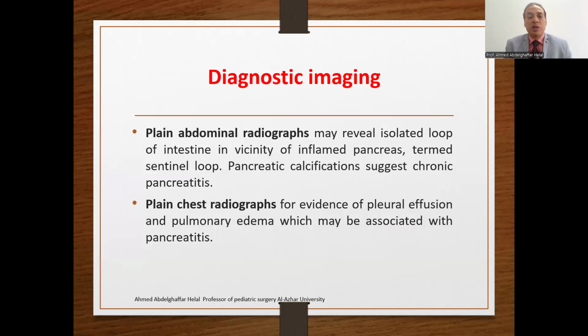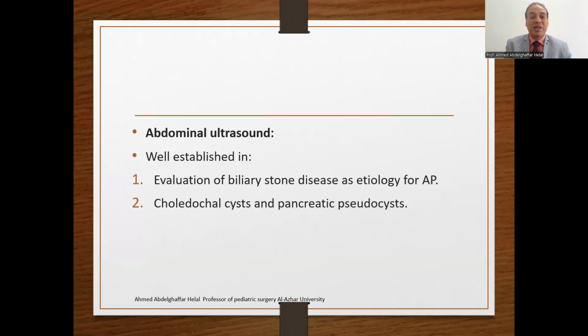Regarding the imaging, the plain radiograph of the abdomen and the chest may show a dilated loop of the intestine related to the pancreas, known as a sentinel loop. Also, the chest radiograph may show evidence of pleural effusions and pulmonary edema, which may be associated with pancreatitis.